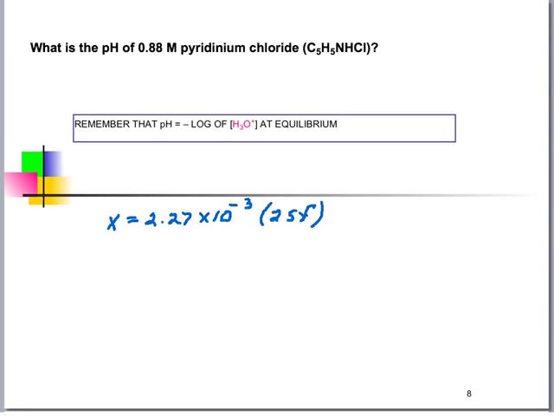We need to look back at our ice table to see what x stands for, and in this case, x stands for H3O plus concentration at equilibrium, because this was an acidic compound and formed H3O plus. That makes it easy because then our pH is just the negative log of our answer here.